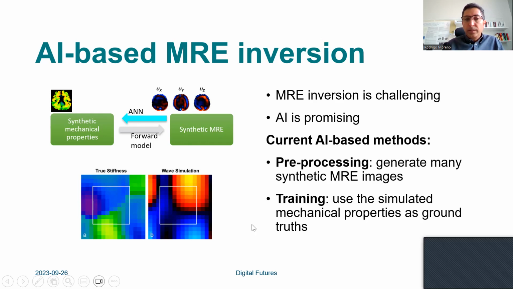So it kind of worked. It has an issue here, that you need to create a lot of synthetic images, and then the estimations should be very accurate. And these two are very difficult to comply with.